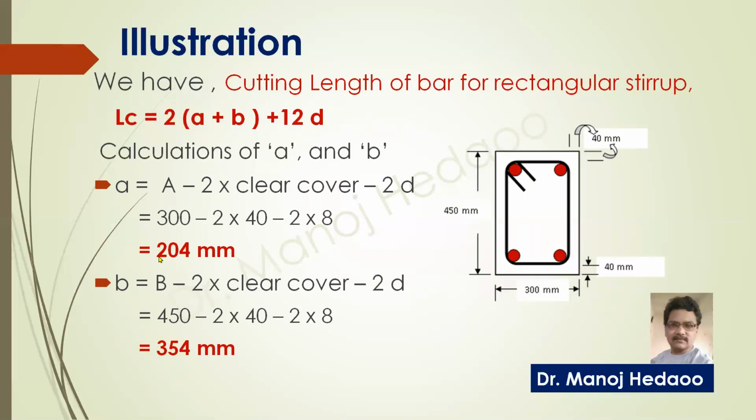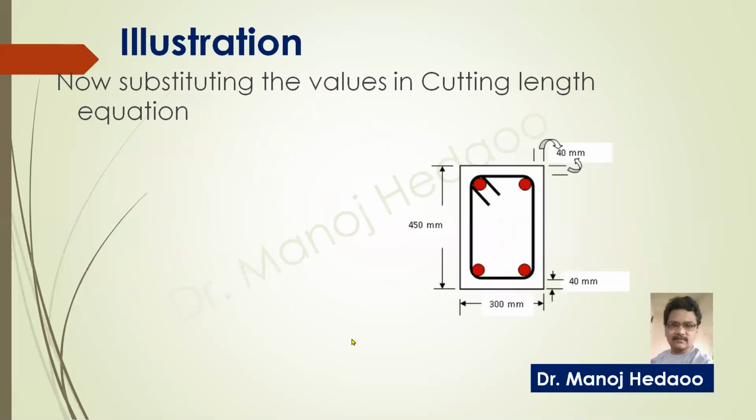Now we have calculated A and B. So we can substitute these values in this equation so that you get the cutting length directly with this small formula. The equation is LC equal to 2 into (A plus B) plus 12D.